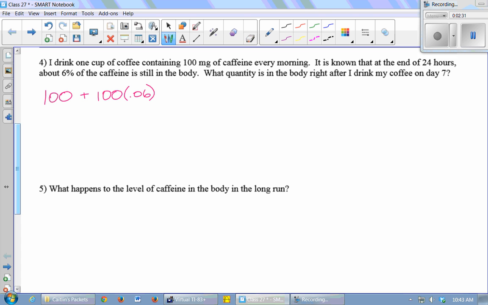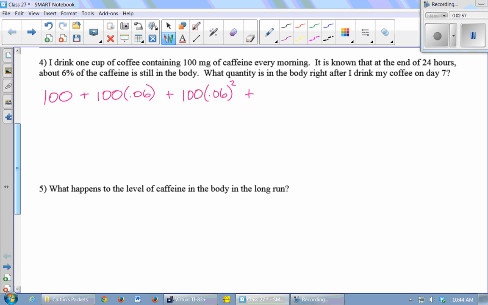And then I have to add the caffeine that was still in my bloodstream from 2 days ago. That started with 100 milligrams, and 6% was left after 1 day, and after 2 days, 6% of that is left. So you have to multiply by 0.06 squared. Only 6% remains each day for 2 days.